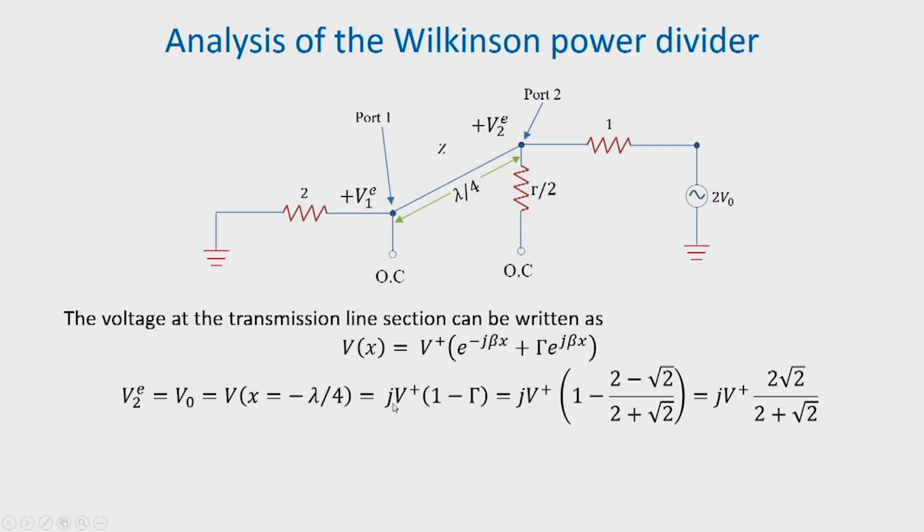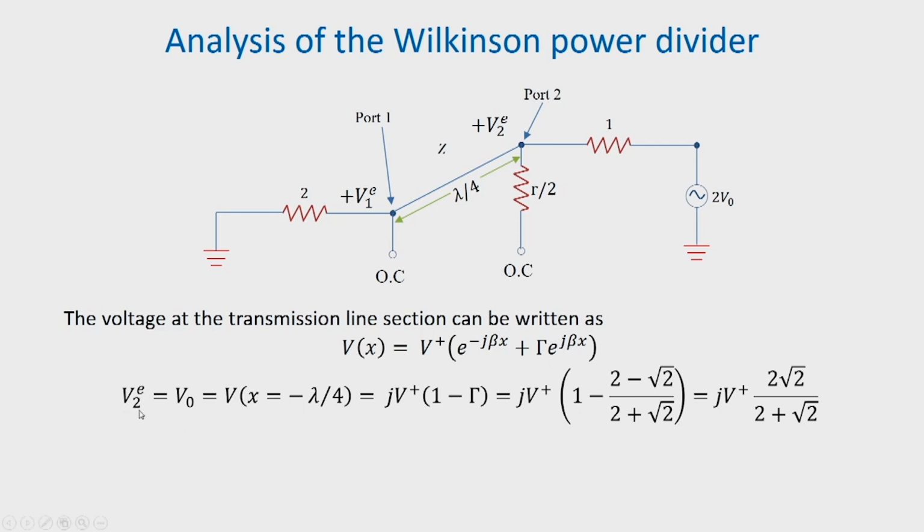So, if we take out j, then we get j V plus into 1 minus gamma, and now we substitute the value of gamma, which is 2 minus root 2 divided by 2 plus root 2, as we have seen.